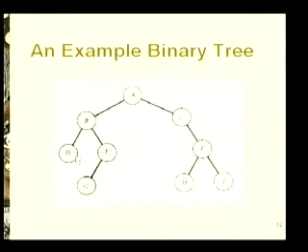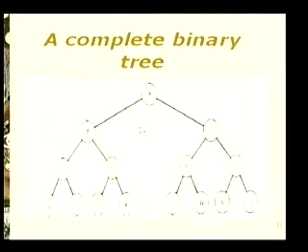Then if you concentrate on E, there is one child for that which is G. So here you have one subtree for E, and for that subtree the root is G. So when you study this particular figure carefully, you will find that you have a root which is A, and then there are different children for different nodes, but never you have more than 2 children. If you have 2 children or less than that, only then it qualifies to be called as a binary tree. So this is one example for the binary tree.